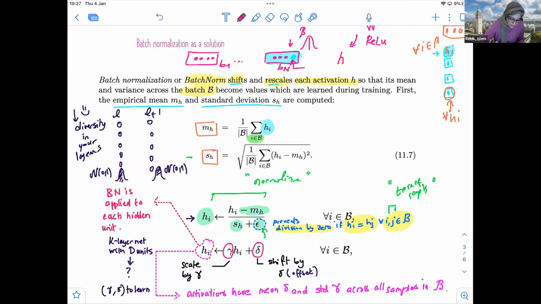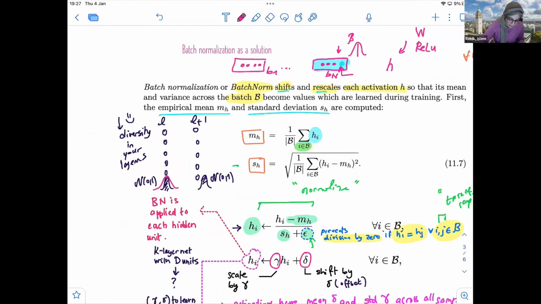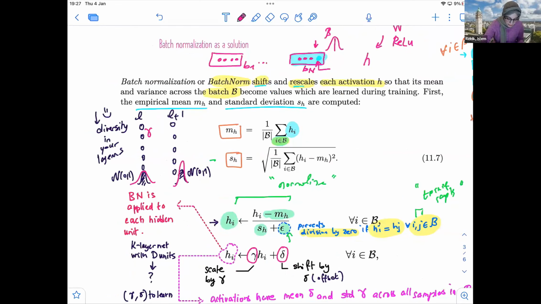So what you're doing is taking this distribution right here and shifting it, or making it narrower. You're introducing for each layer a scaling factor, gamma L, and a shifting factor, delta L, and you're going to do the same with gamma L plus 1 and delta L plus 1.